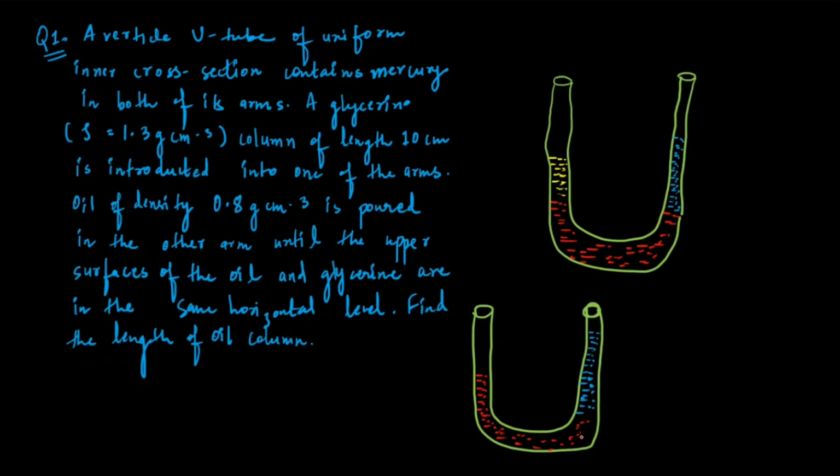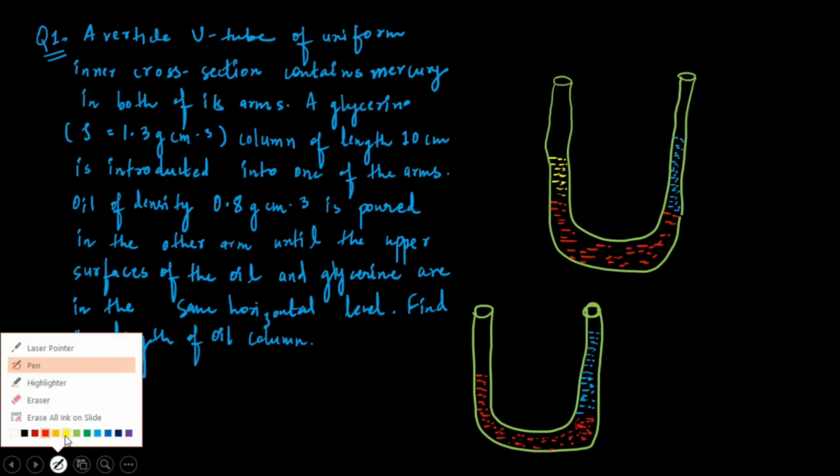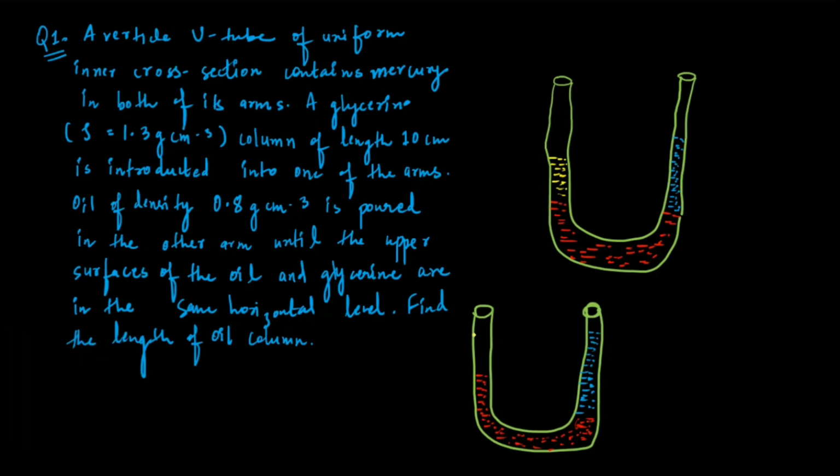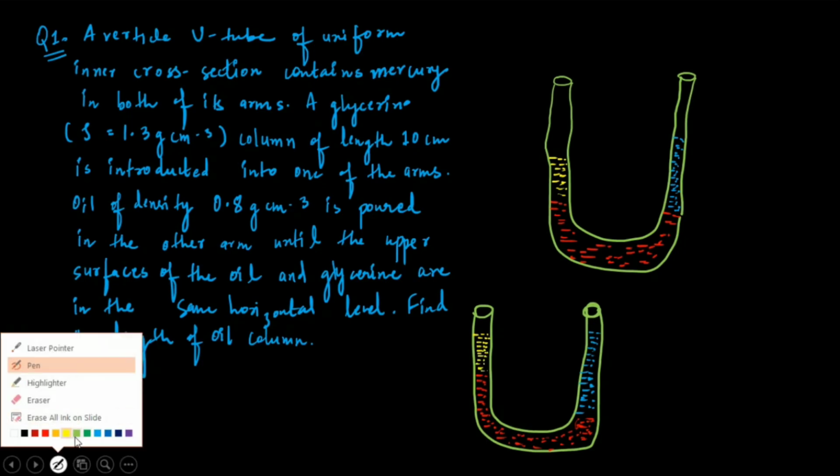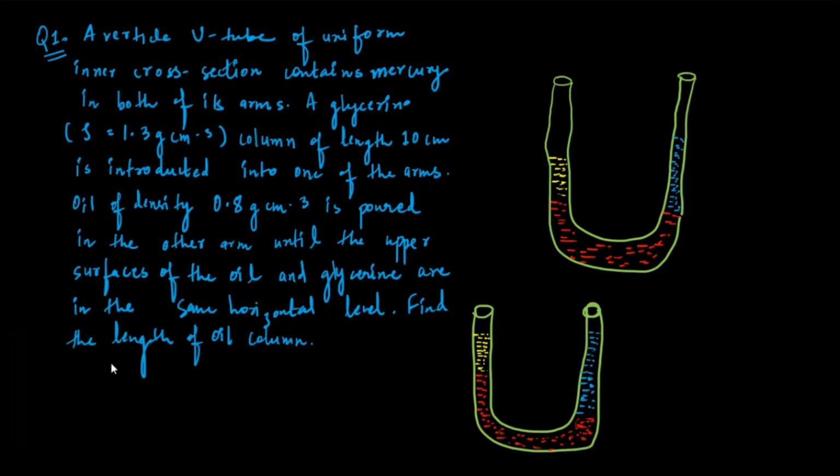And now from the other end, to observe the same height, we pour oil, so oil will be poured till the same level. We don't know till what height we have poured it.